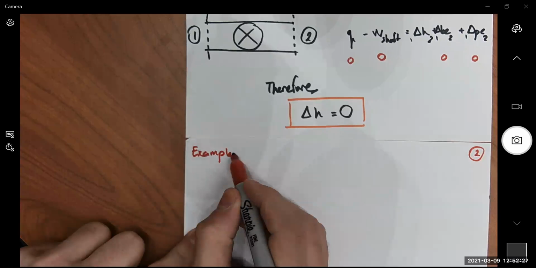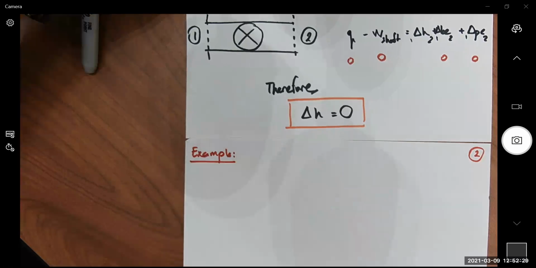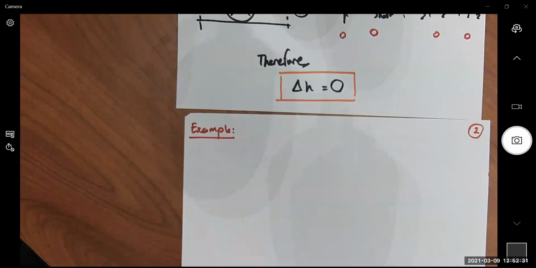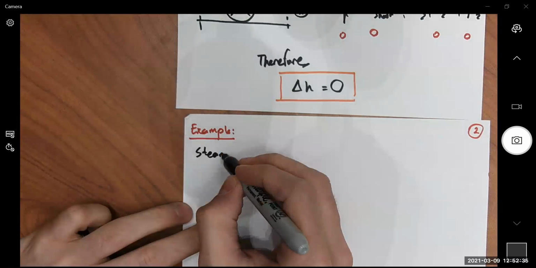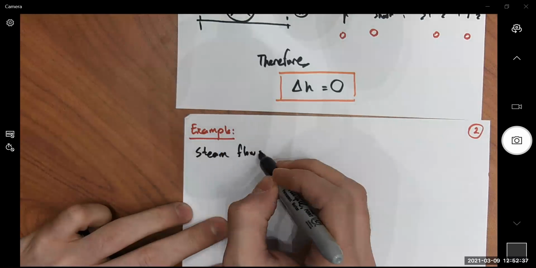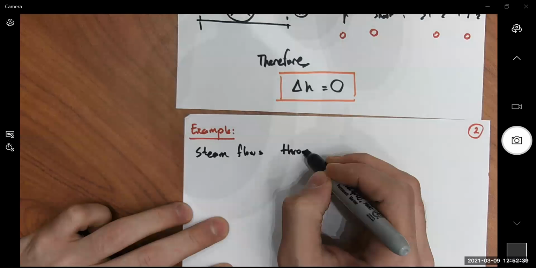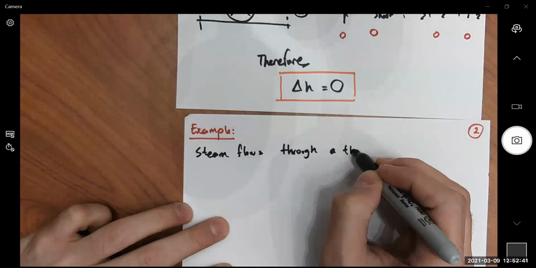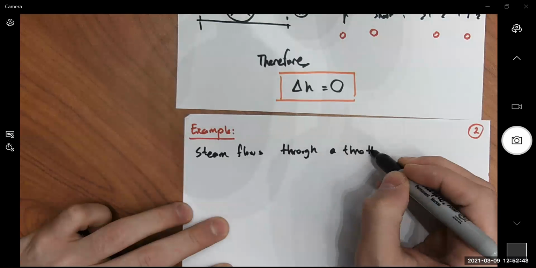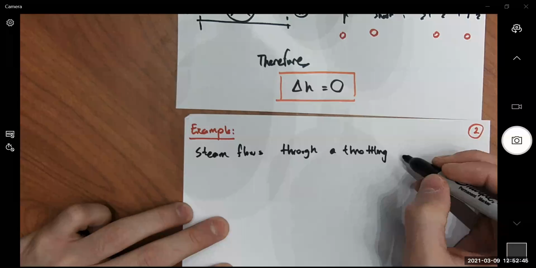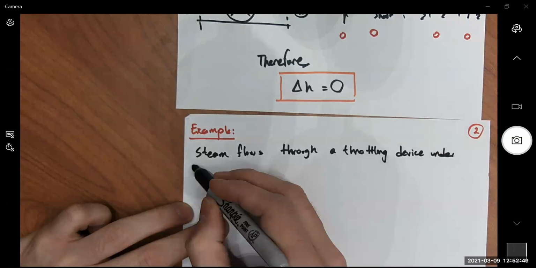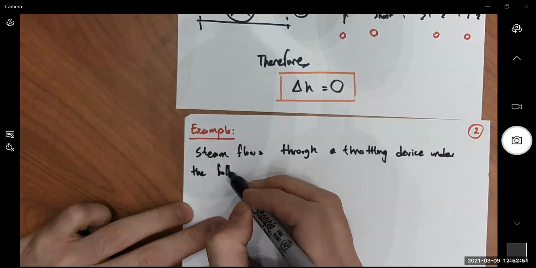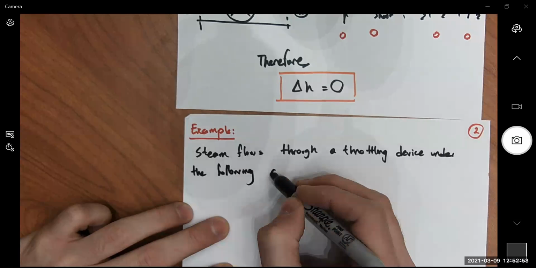Example. Steam flows through a throttling device under the following conditions.